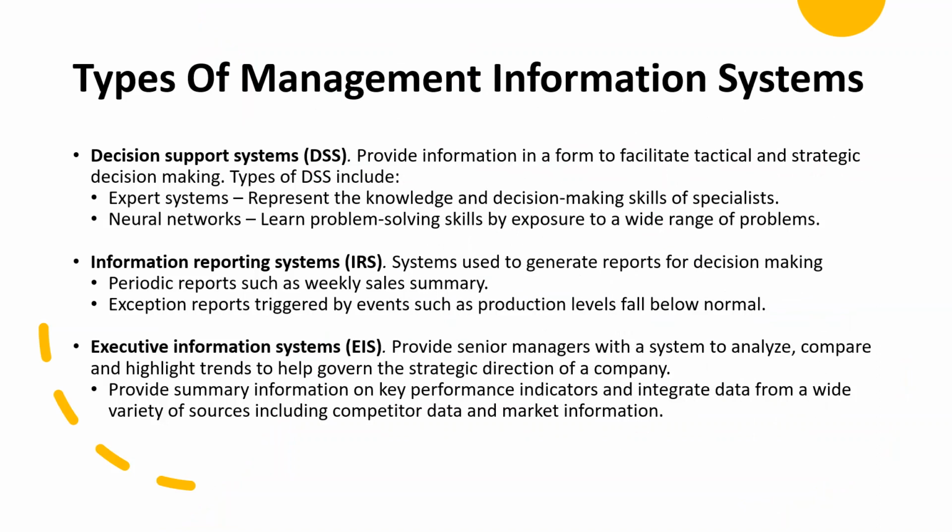And then lastly, we have management information systems. Of the types of management information systems, we have three broad ones. We have decision support systems, which, as the name suggests, provide information in a form to facilitate tactical and strategic decision making. Tactical being at the tactical level, and strategic level, that is the top level.